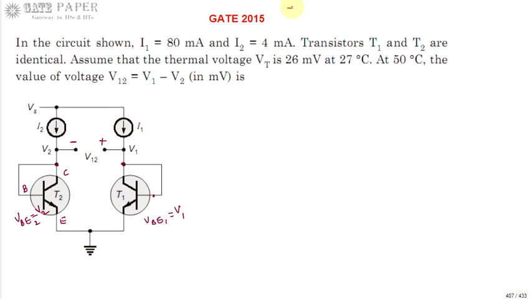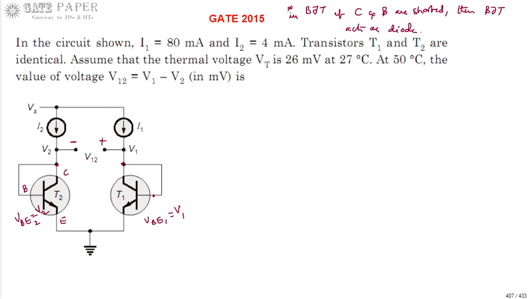One more important point: in a BJT, if collector and base are shorted, then the BJT acts as a diode.